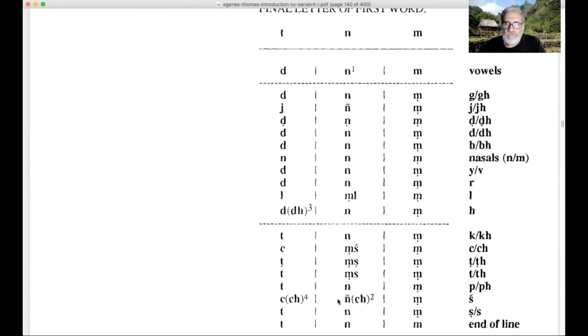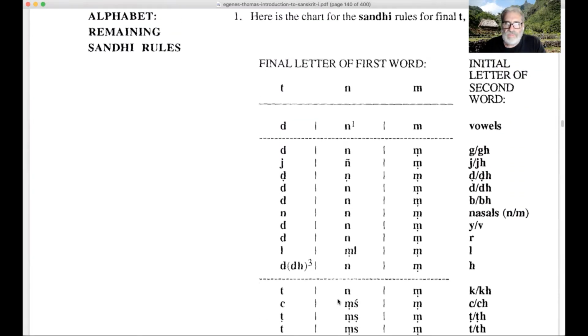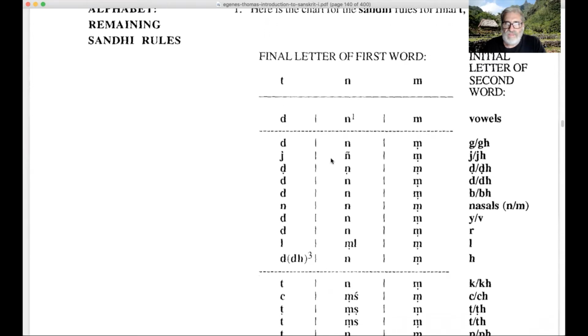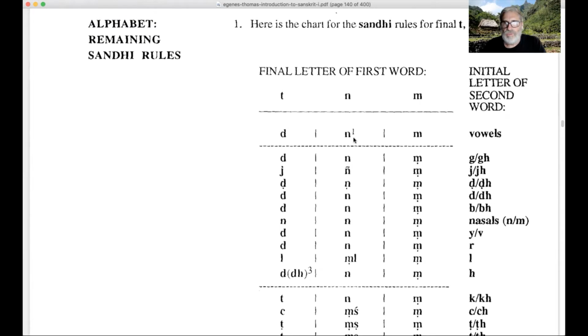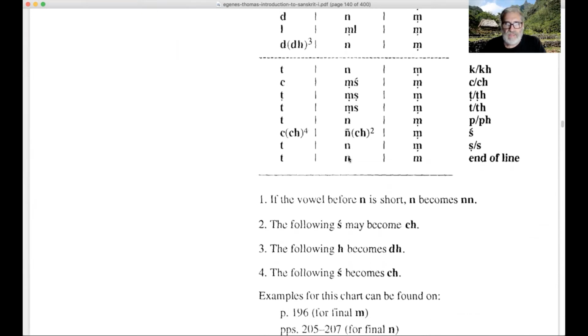So now he's given some superscripts here. When an N is followed, in the next word, by a vowel, dental N. So there's a superscript 1 here. What does that mean? Let's have a look down here.